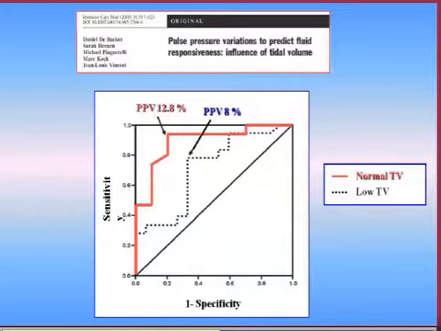They found a very good prediction of volume responsiveness by using PPV, and a threshold value of 13% was found. But using low tidal volume, they found a lesser prediction, with a lesser area under the curve and a lesser value for the threshold value.